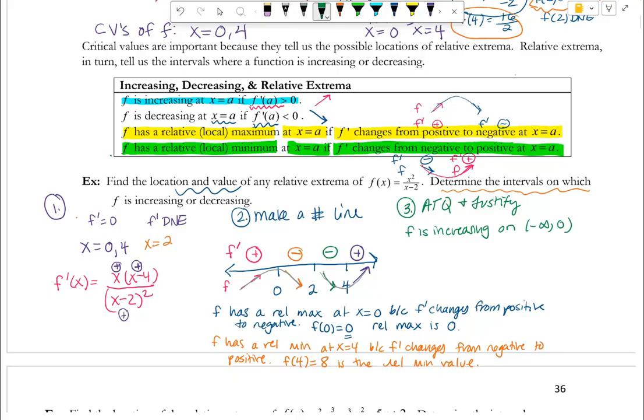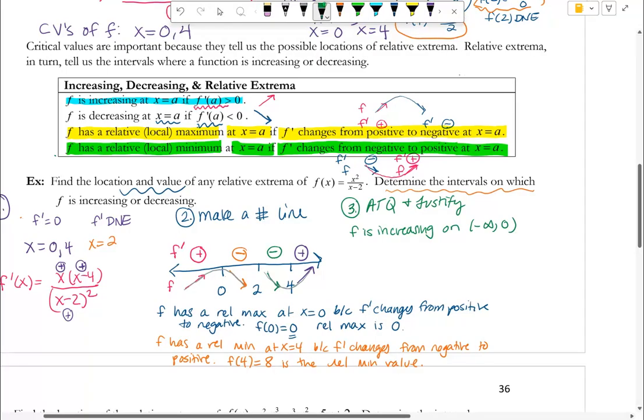And then the second interval where f is increasing is from 4 to infinity. So I'm going to use the union symbol to join my two intervals here. So f is increasing on negative infinity to 0 and 4 to infinity. And that's because f prime is greater than 0. Or you could say f prime is positive, either or.